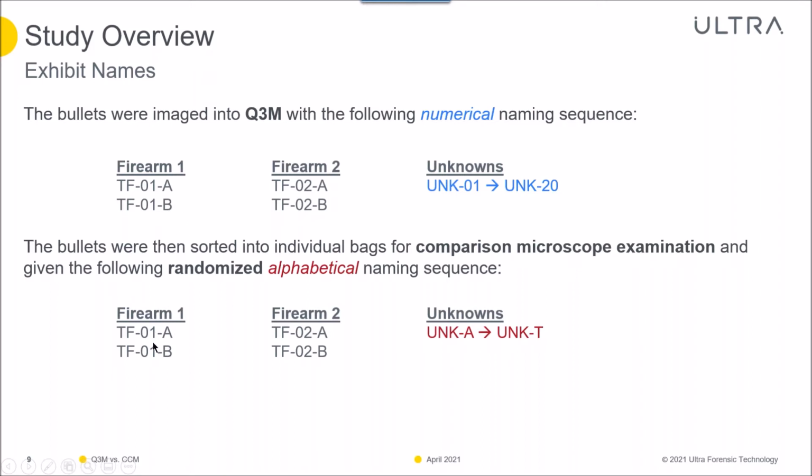Test fire 1A and 1B were still the same, 2A, 2B were also still the same. However, what was unknown 1 through 20 became unknown A through T, and they were in a randomized order as well. So 1 was not A, 20 was not T. The matching sequence, at least, would be different from the comparison microscope experience to the Quantum experience.